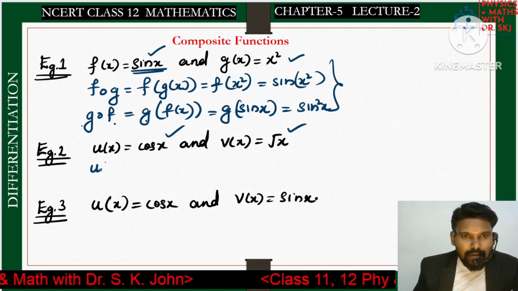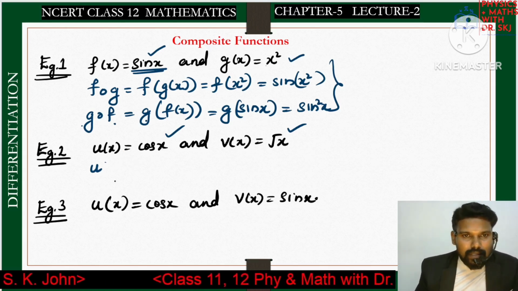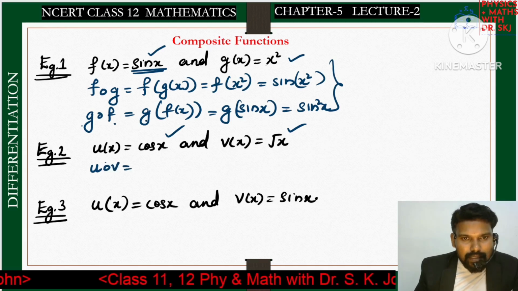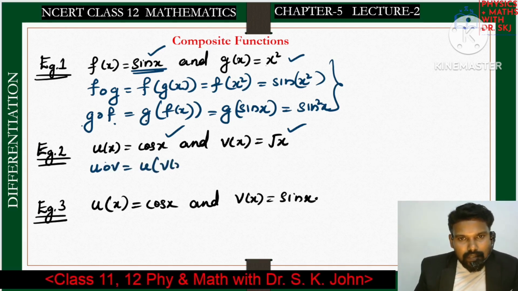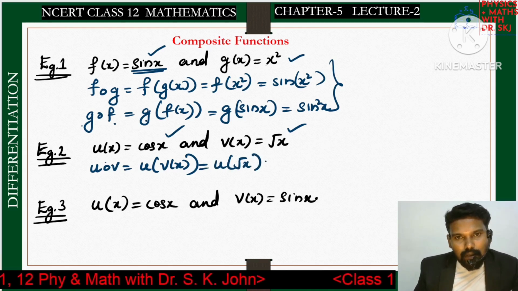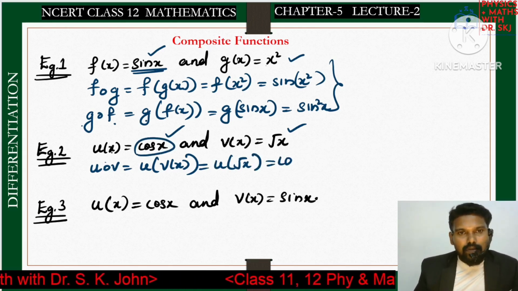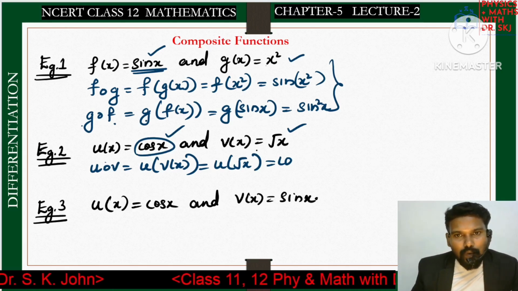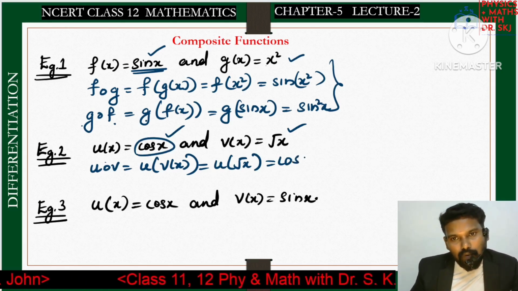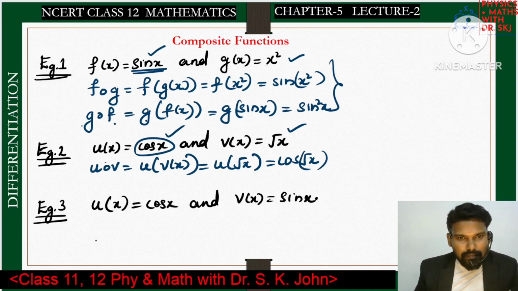So let u of x equal to cos x and v of x equal to root x. So u composition v is u of v of x, which is equal to u of root x, which is equal to cos of root x. Okay, this is the function.